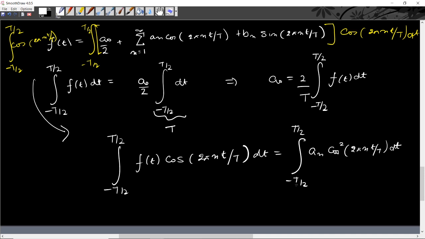And we know that this integral, I can directly use the result that I presented above.